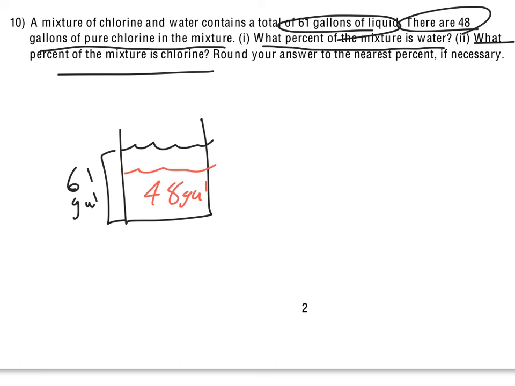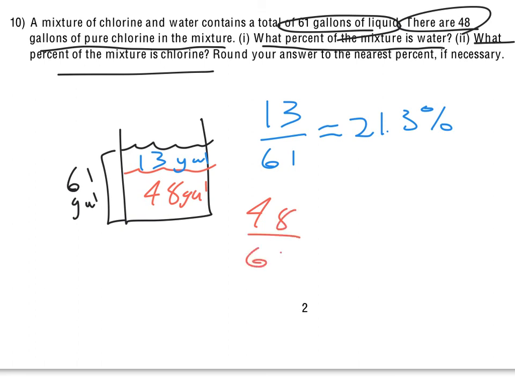We could figure out just the difference, so that would be 13 gallons of water. And so to figure out that percentage would just be 13 over 61. So to the nearest percent, well, you know what I'm going to do is I'm going to say 21.3%. Not that that really matters. And then for chlorine, 48 out of 61. 78.7%.